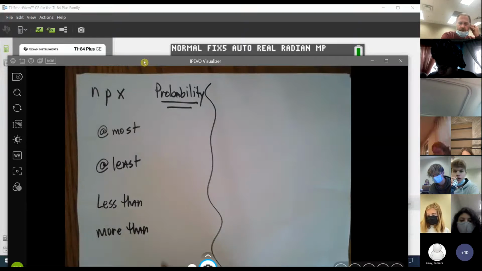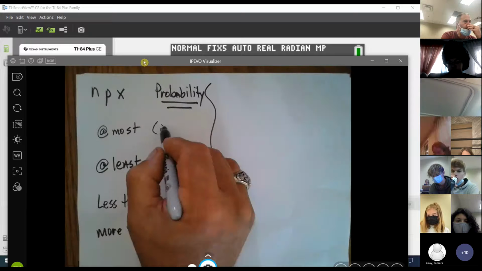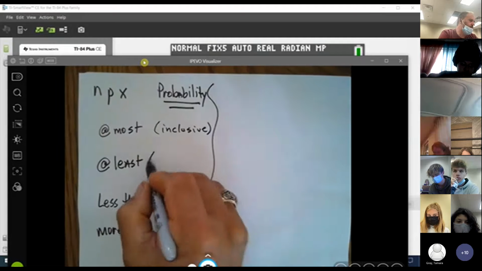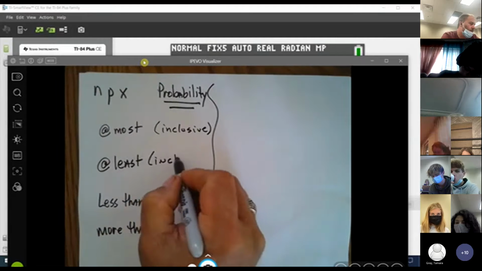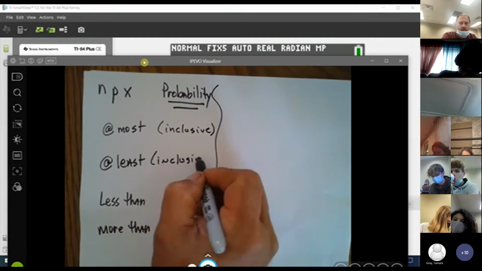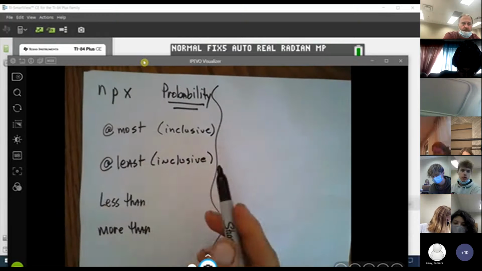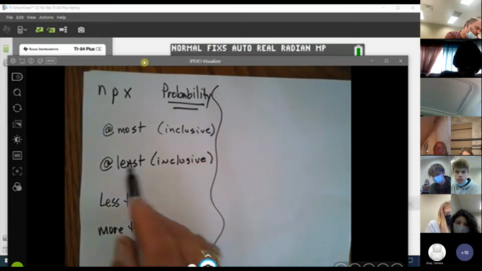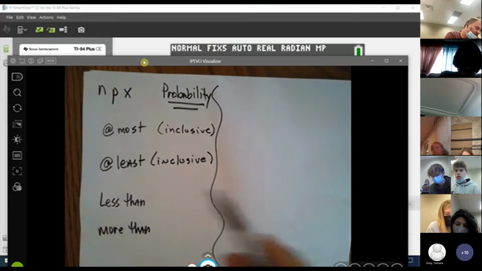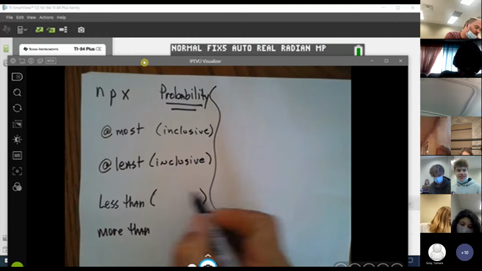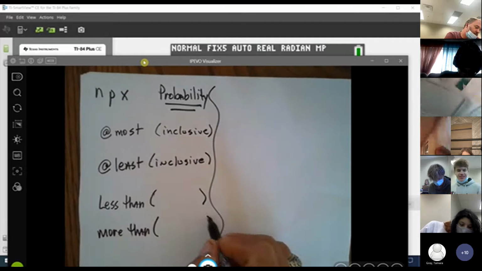Remember, this is inclusive, meaning that you can use the number that you're writing down. So at most 2, I can use 2. At least 3, I can use 3. Less than, what's the opposite of inclusive?